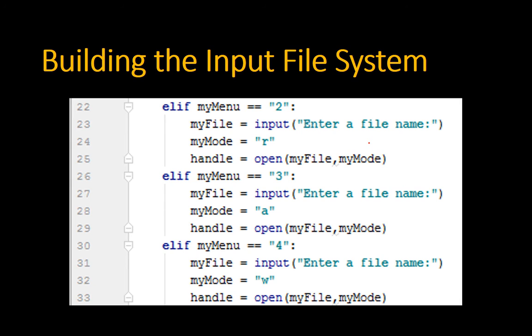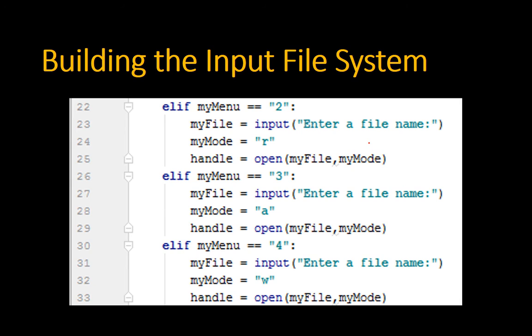Now, if you look in the book, you'll notice that we could also use an R plus or an A plus, and that would allow you to write even to a read file. And people think, well, I'll just use a plus sign with the W, and that will allow me to write to the file.